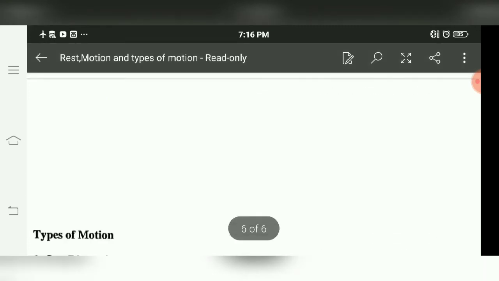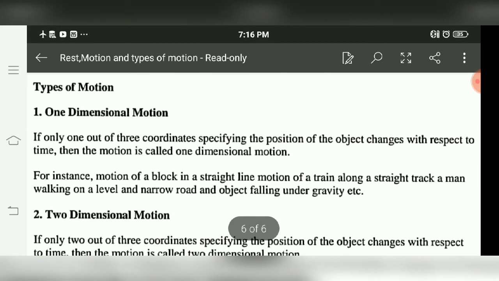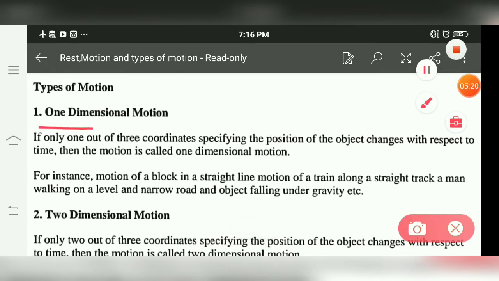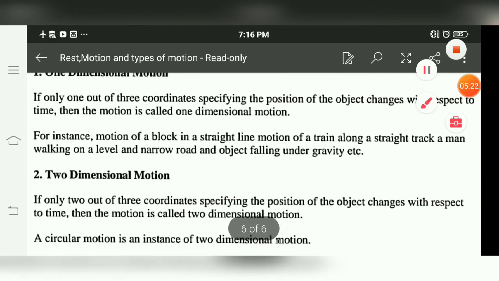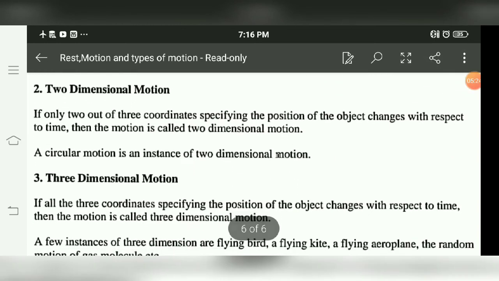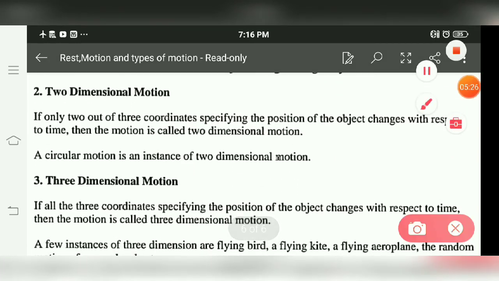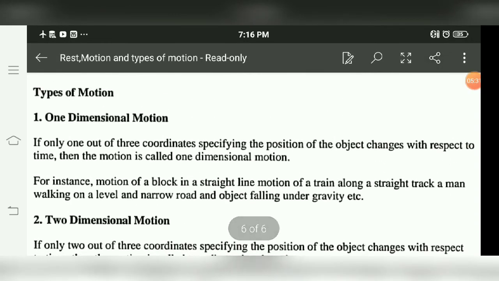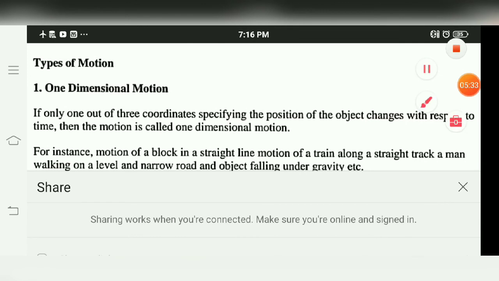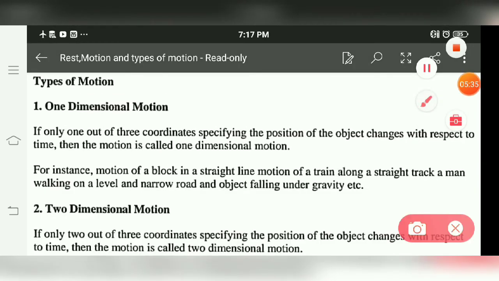There are basically three types of motion that we consider: one-dimensional motion, two-dimensional motion and three-dimensional motion. First of all, what is one-dimensional motion? If only one out of three coordinates specifies the position of an object with respect to time, then the motion is said to be one-dimensional.